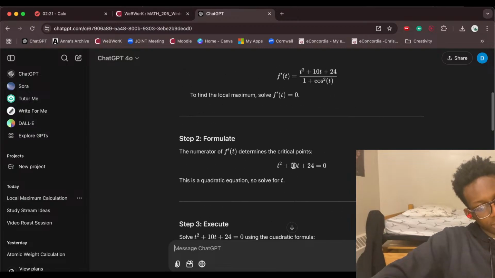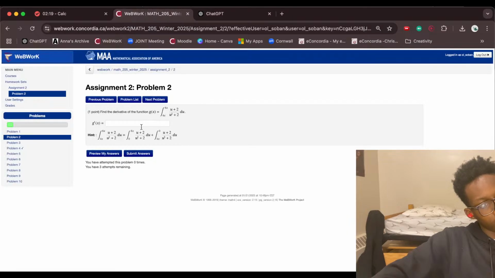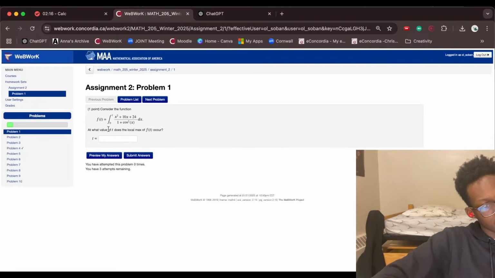That's confusing. I don't know what to do, because this is acting as if it's a single value.